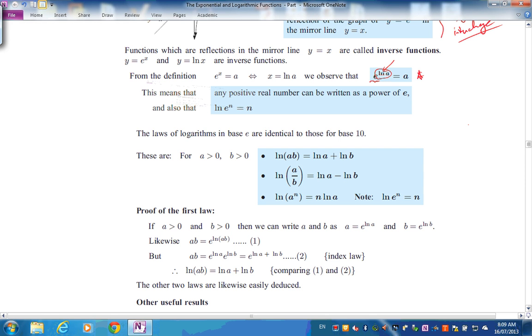Isn't that what ln means? The power of e necessary to get a. So you will obviously get a. That's another algebraic description of the basic formula. The log of a number is the power of the base. So if I raise the base up here to ln a, I must get a by definition.